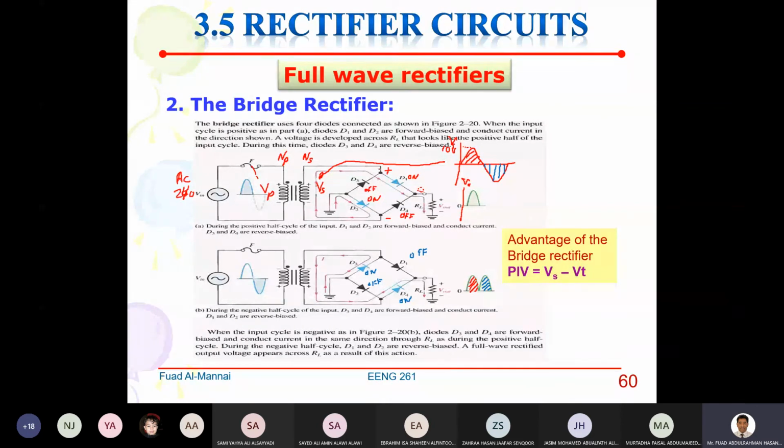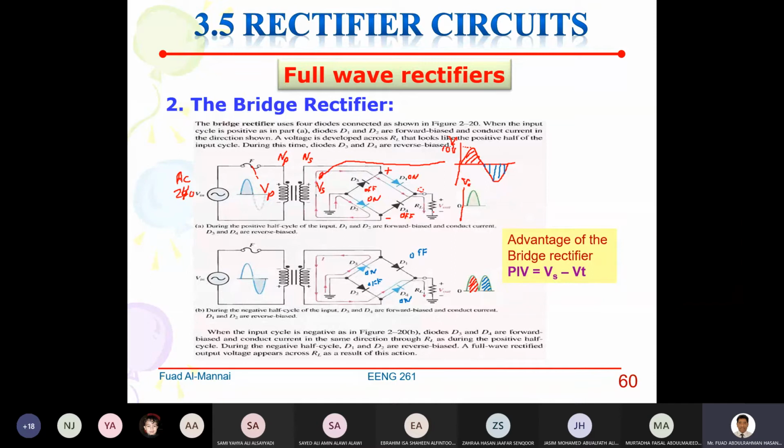Okay, during the positive half cycle, D1 will be forward bias, means on. Okay, and also D2. Why? Because this is 0 at the input, and this one here is negative, so it will be on. So D1 and D2 are on, and therefore the current will go like this.